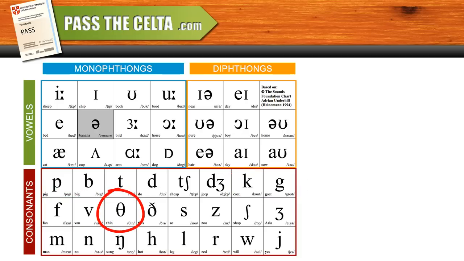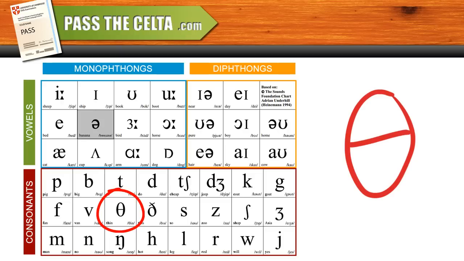So let's move on to th. Th uses a circle with a line through it. I think that's traditionally theta, but we should start to think of it more as the sounds and not the actual characters we're using. So this is th, as in thin.